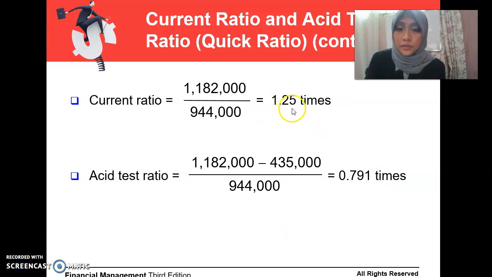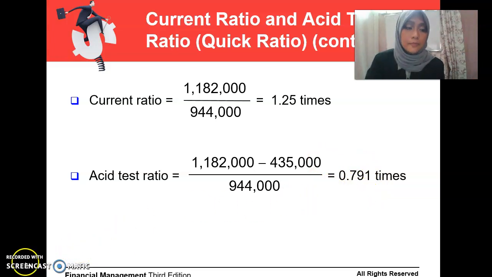So this means for every 1 ringgit of liability in the firm, the firm has 1.25 times ability to pay. And acid test ratio, for every 1 ringgit after deducting the inventory, the firm has the ability to pay 0.791 times.